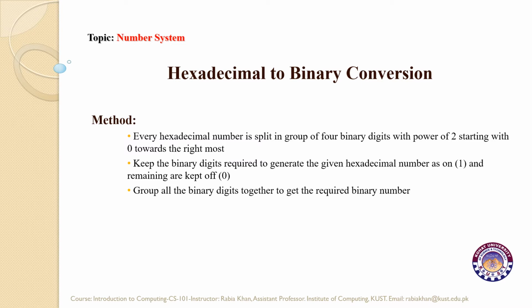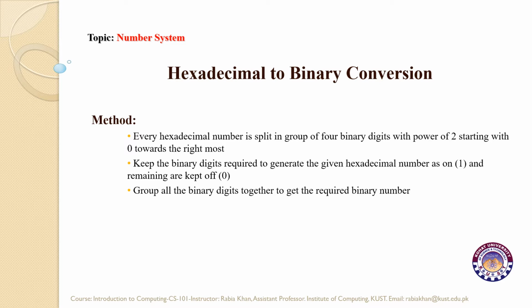As you all know, the hexadecimal number system consists of a total of 16 symbols that include 10 digits from 0 to 9, and the rest of the 6 symbols have been taken from 6 alphabets.